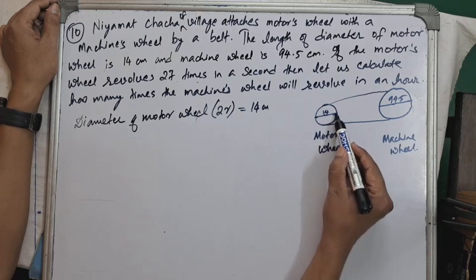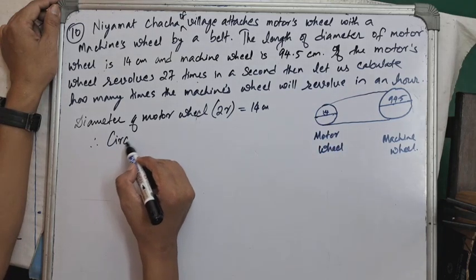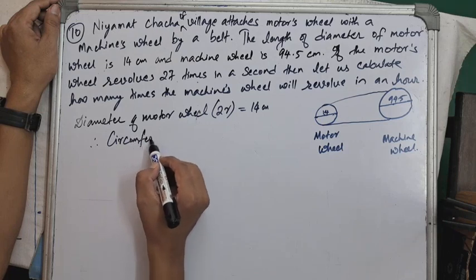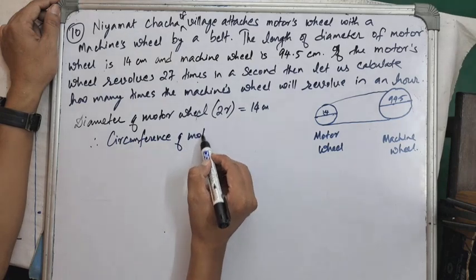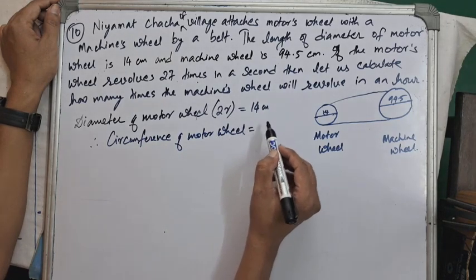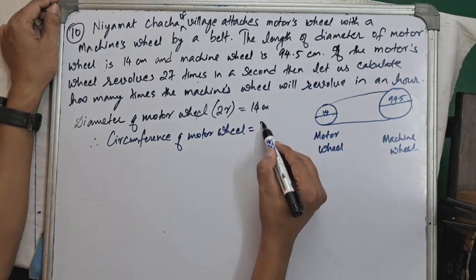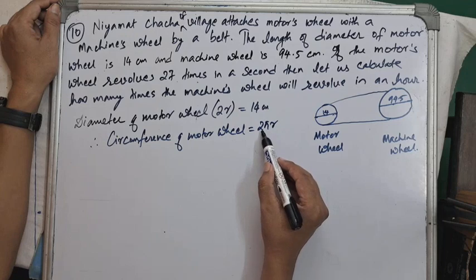Diameter of this motor wheel is 14 centimeter. Therefore, circumference of motor wheel equal to 2 pi r, isn't it? 2 pi r. Circumference is given by the formula 2 pi r.